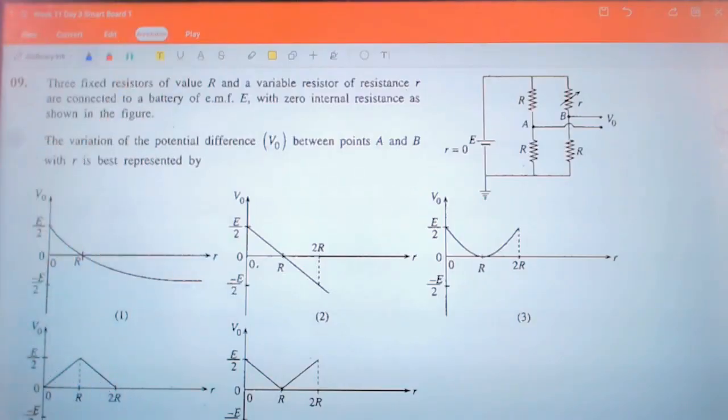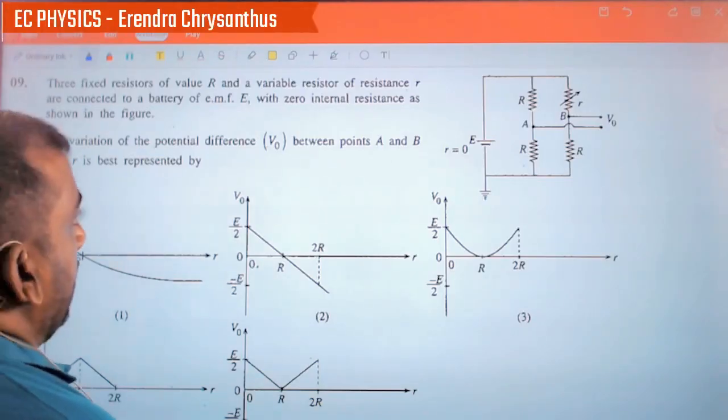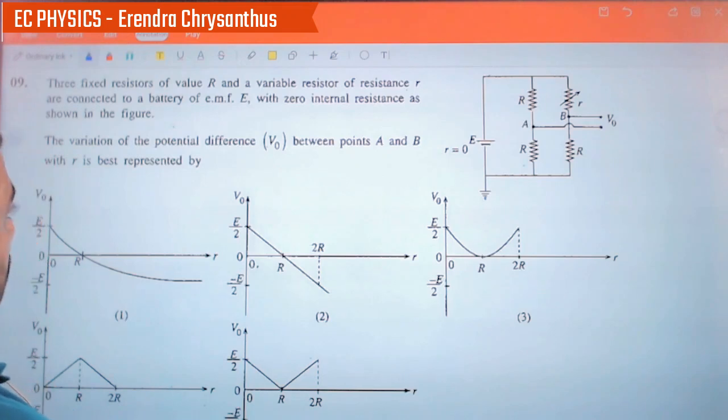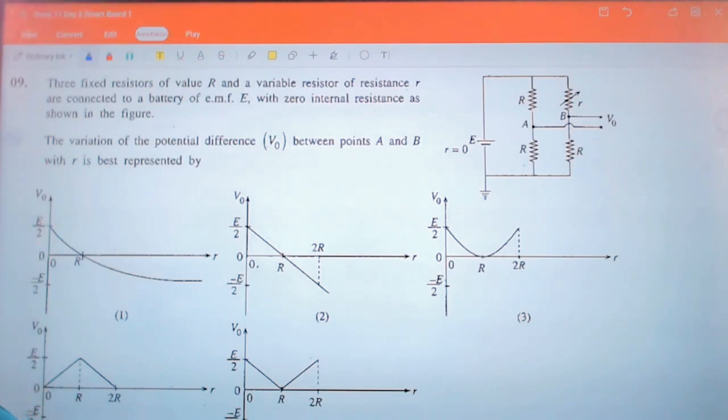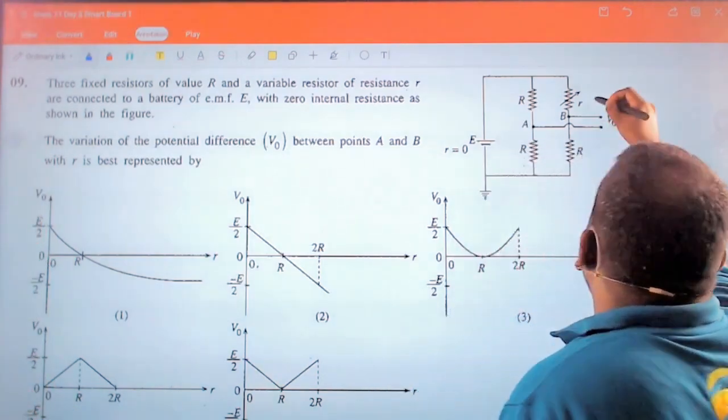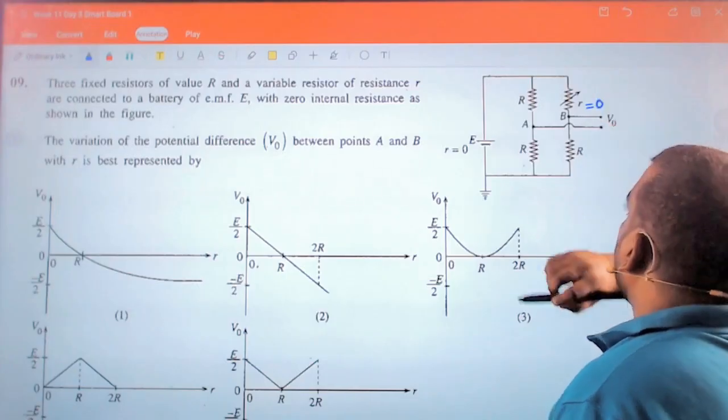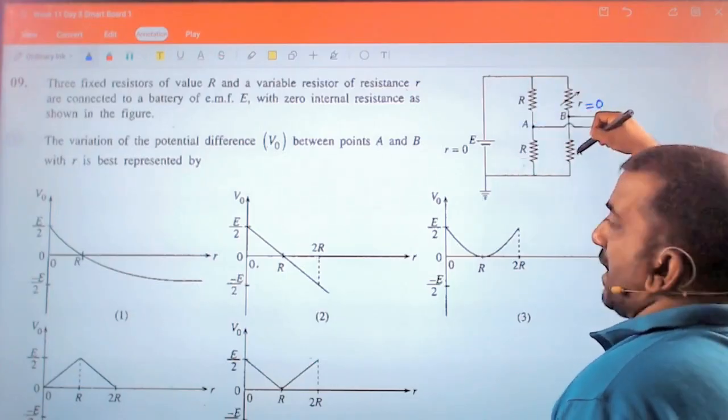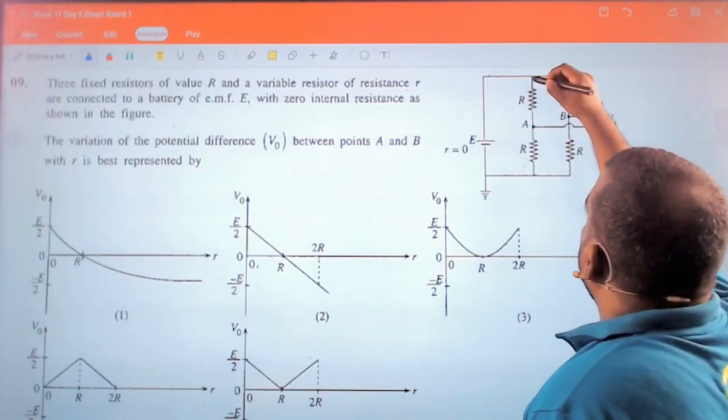3 fixed resistors and a variable resistor simple R are connected. Variation of V0 between A and B with simple R. So when simple R equals 0, now 2R, R, current can divide.